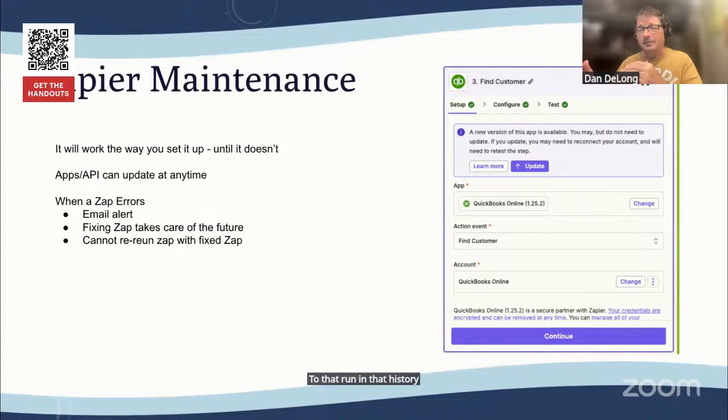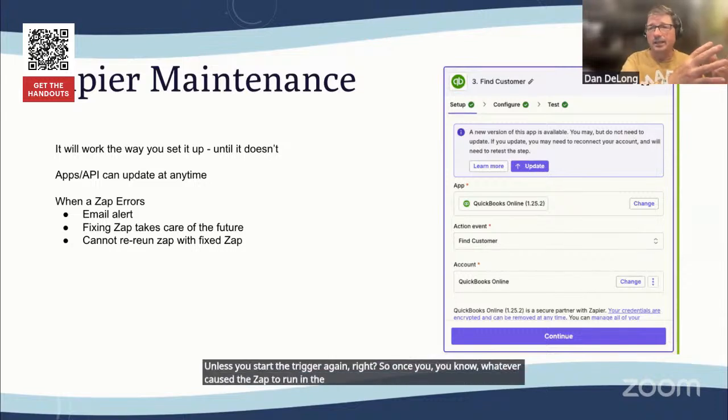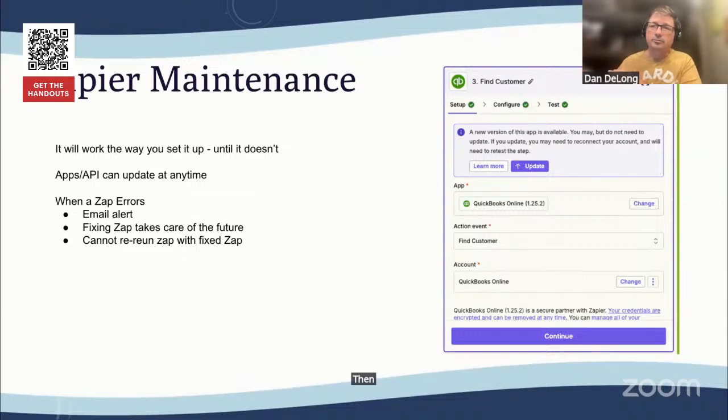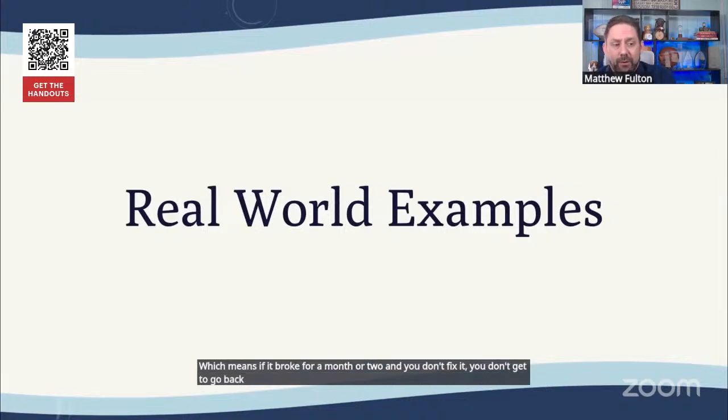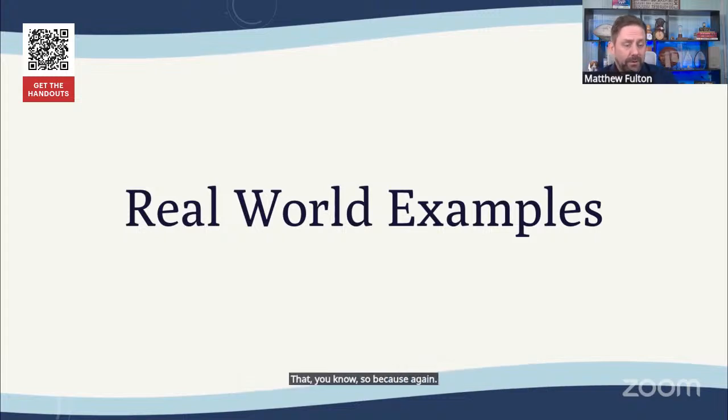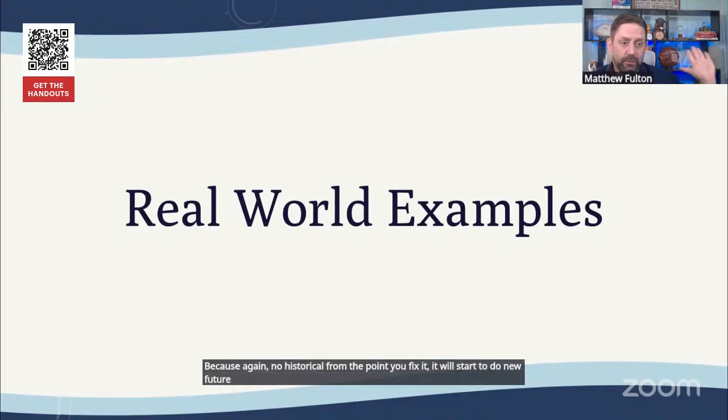So even if you fix it, you can't rerun it unless you start the trigger again, right? Once whatever caused the Zap to run in the first place happens again, it will take the new version of your Zap with your changes. Which means if it broke for a month or two and you don't fix it, you don't get to go back two months and rerun those. From the point you fix it, it will start to do new future stuff, but the historical's toast, right?